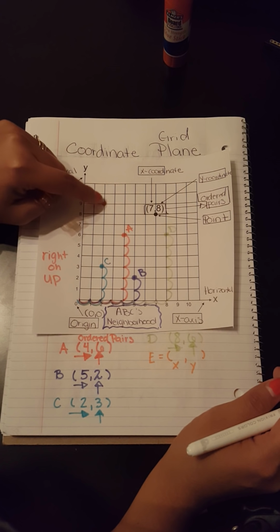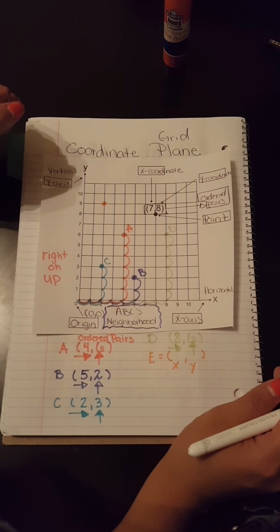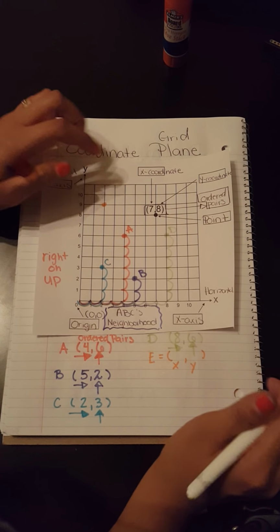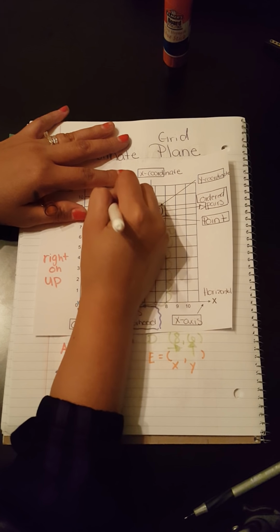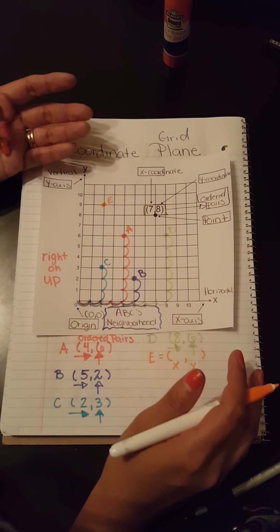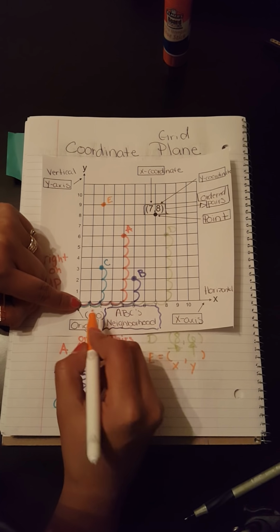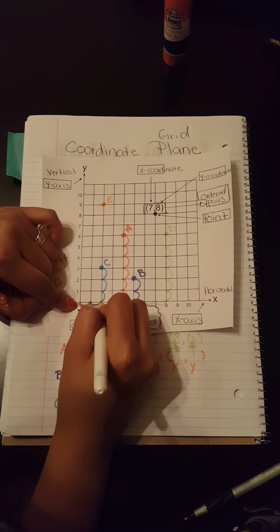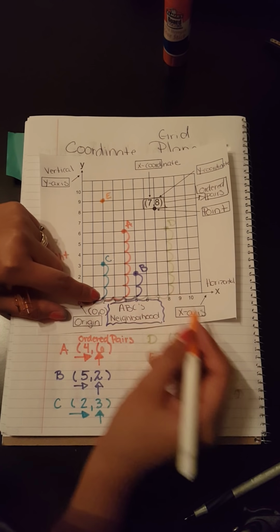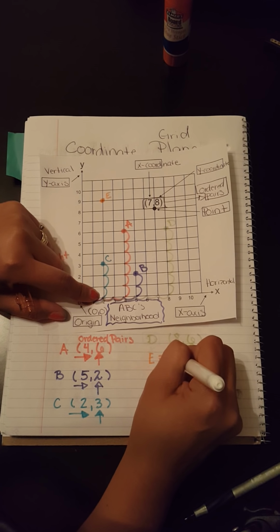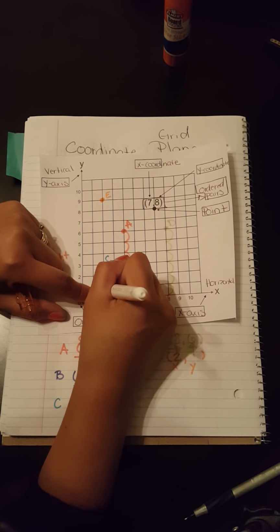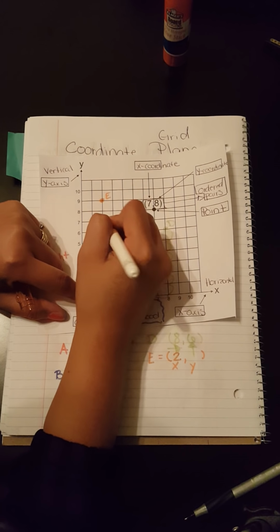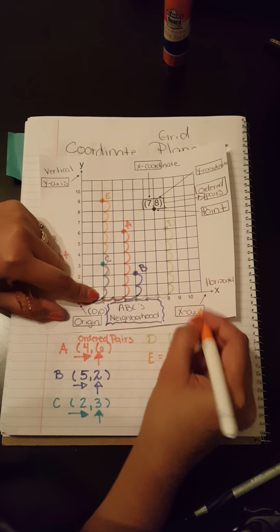So to find the location of that point, to be able to find the ordered pairs, once I've been given a point, all I have to do is do the exact same steps. I'm going to start at the origin and move to the right and then go up. 1, 2 units to the right, so I'm going to put a 2 here, and then 1, 2, 3, 4, 5, 6, 7, 8, 9 units up.